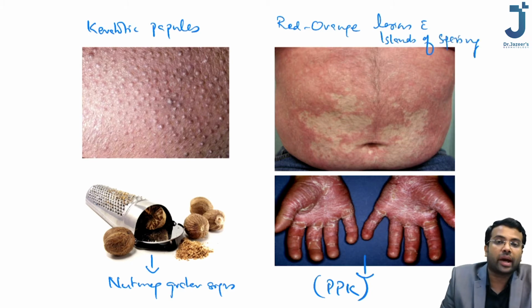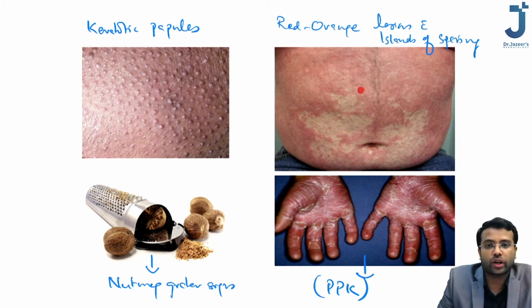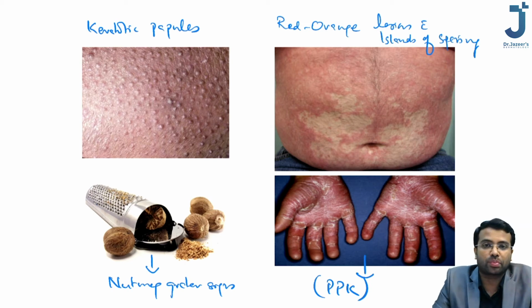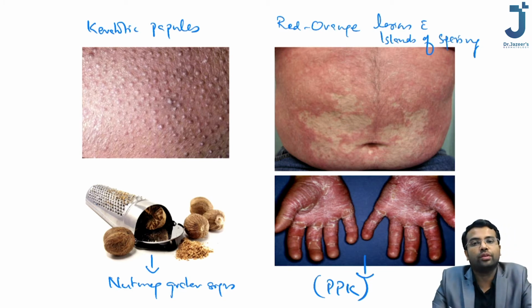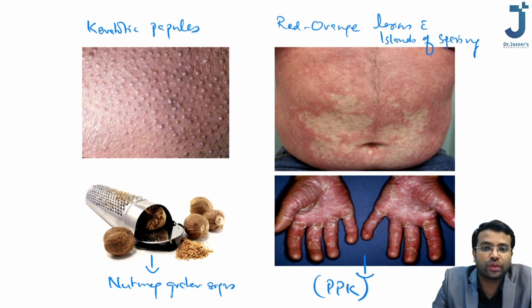So what do I mean by islands of sparing? Out of the entire area of skin that has turned red or orange in color, there is some area where you can see the normal skin. So this is mentioned as red to orange lesions with islands of sparing, along with keratotic papules which on palpation give you a nutmeg grater kind of feel, hence called a nutmeg grater sign.